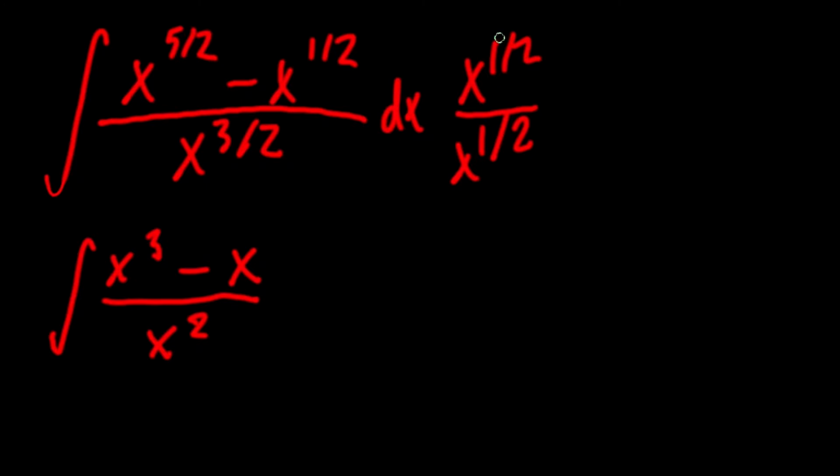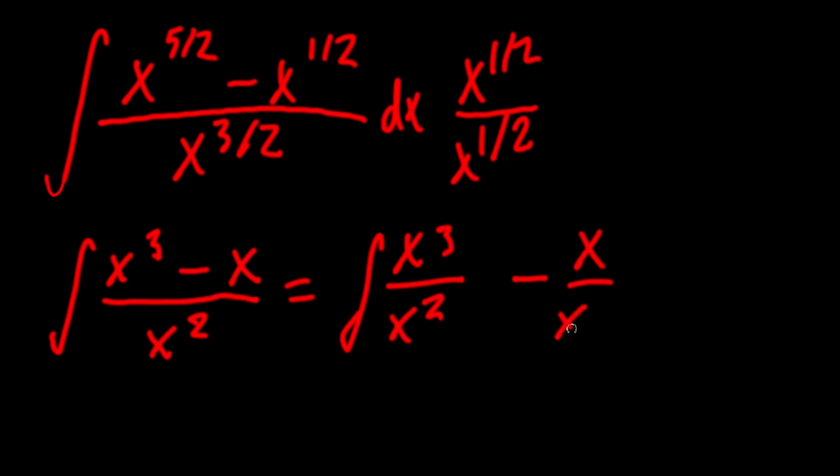when we increase this power by half, it goes to 6 over 2, which is 3, 2 over 2, which is 1, and 4 over 2, which is 2. And then this fraction can be split up with the standard splitting fractions. Now we have a very simple integral that can be rewritten as the integral of x, because 3 minus 2 is x to the 1.